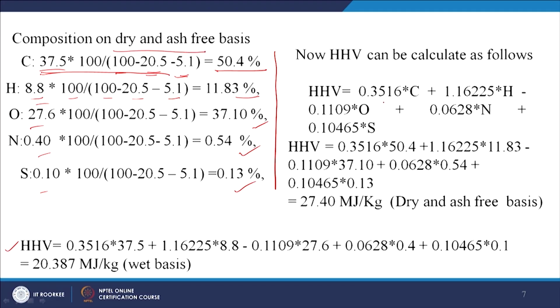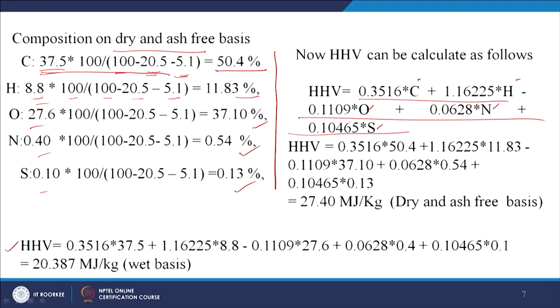We will put this, the expression is given. In this expression, C is the percentage of carbon, H is the percentage of hydrogen, O is the percentage of oxygen, N is the percentage of nitrogen and S is the percentage of sulfur.